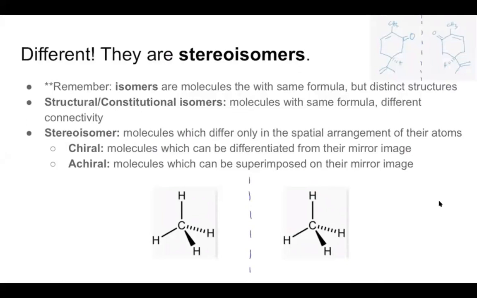These two molecules can be superimposed on each other. I can take this hydrogen and put it right on top of this hydrogen. I can take the hydrogen on the dash and put it right on top of the hydrogen on the dash. They're the exact same and they're superimposable. So they're said to be achiral.